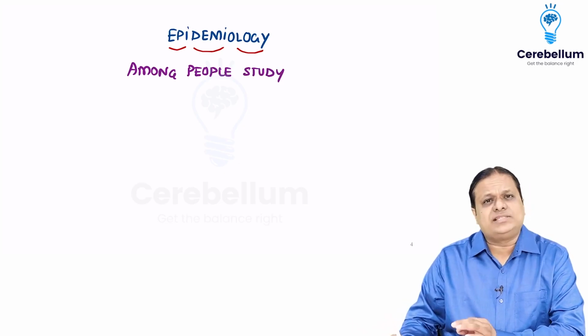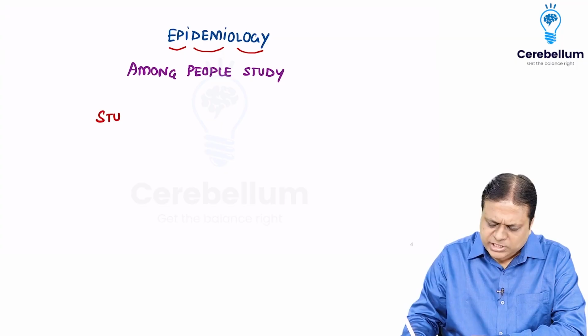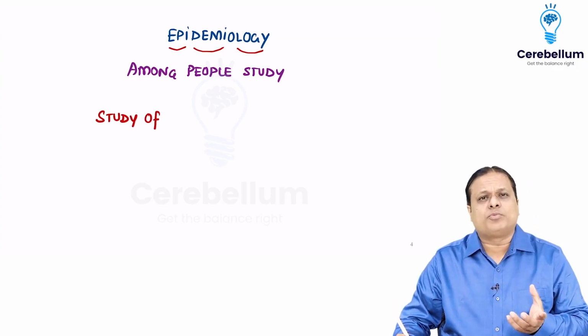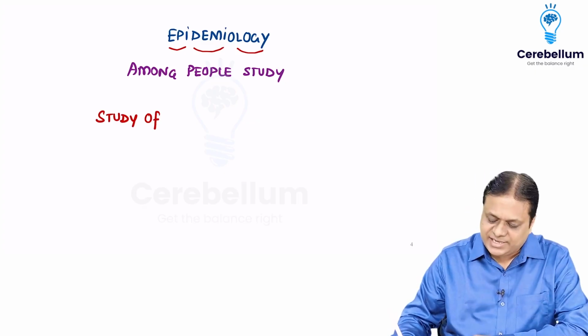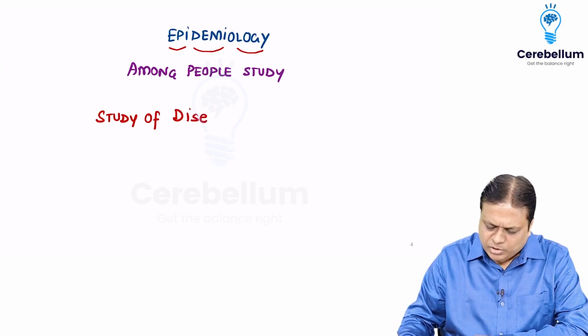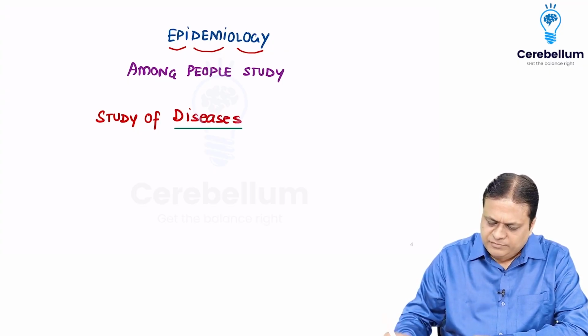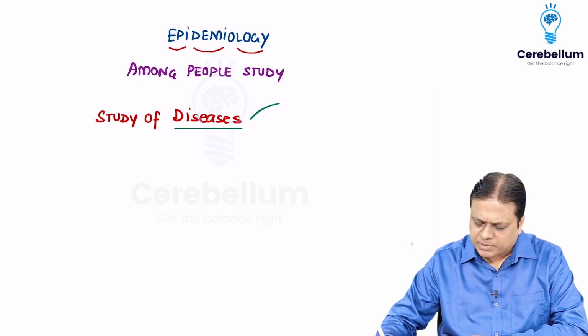So can I say it is study of people or population? No, that is known as demography. So this is not study of people or population, but we study something among people or population, and that is, yes, diseases. So epidemiology is study of diseases, and we study this in three separate parts.